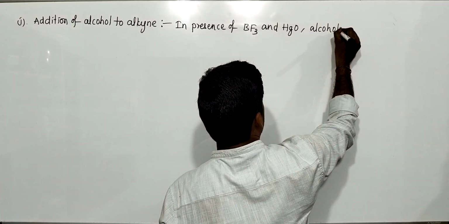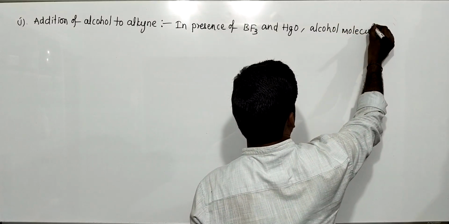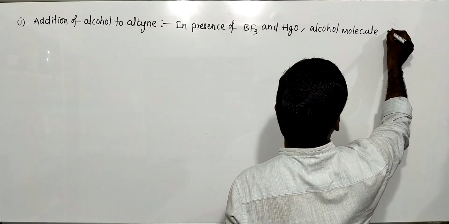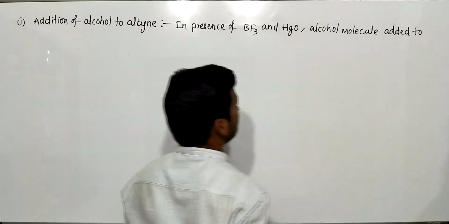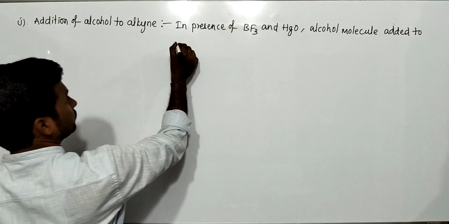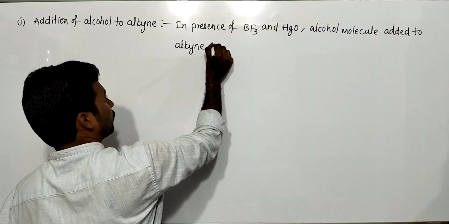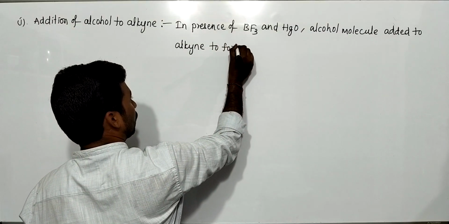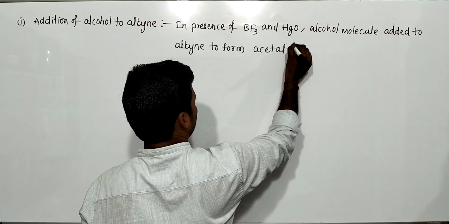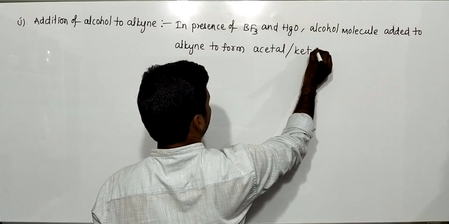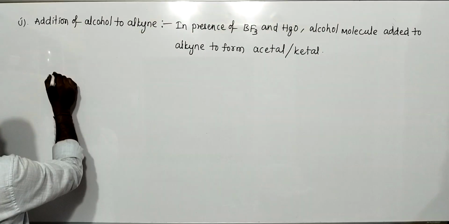An alcohol molecule is added to the alkyne to form acetal or ketal.